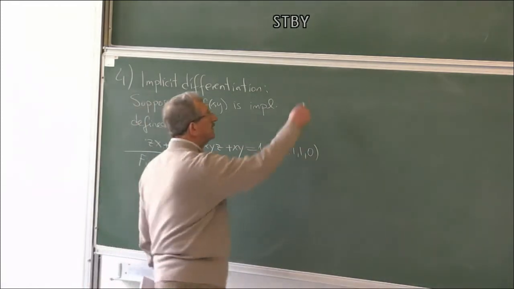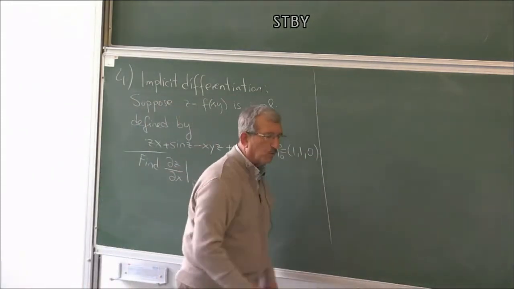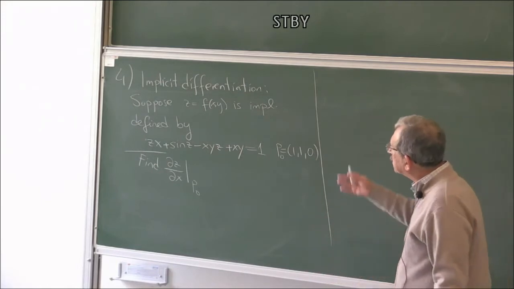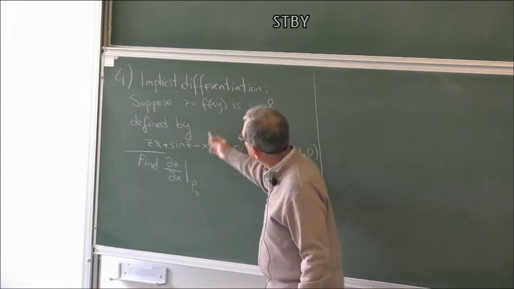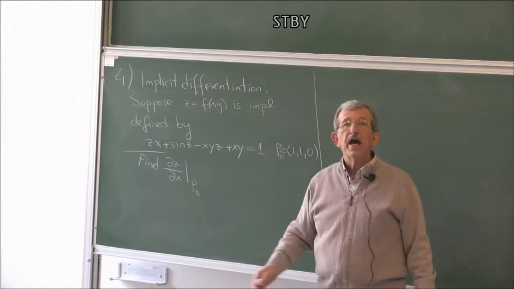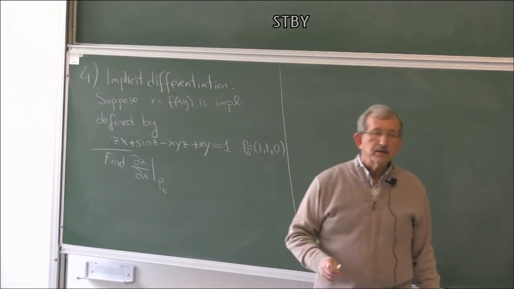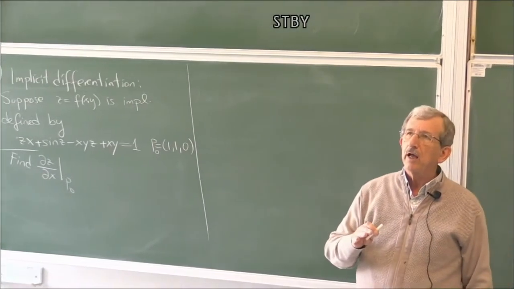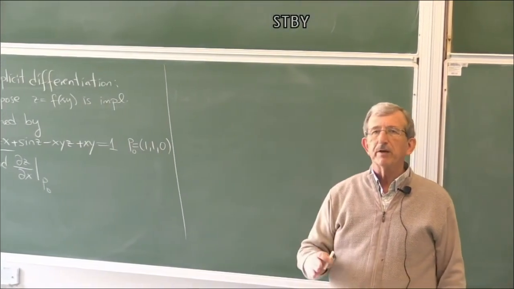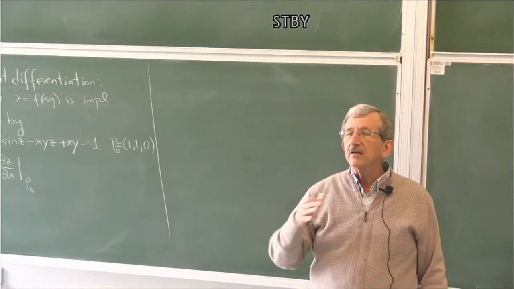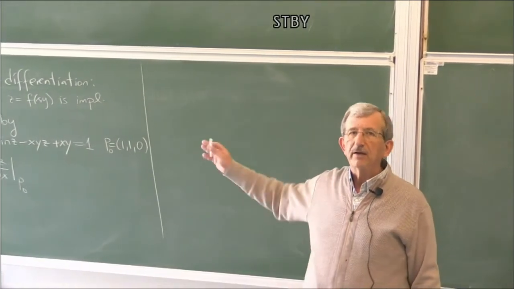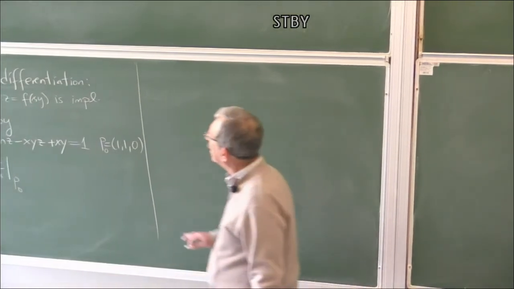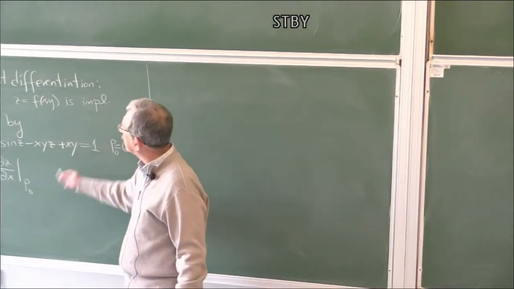Now, the principle is exactly the same as in the case of one variable. Of course, the question, is it possible to define such a z by such an equation at this point, is a little bit beyond our scope. It's called the implicit function theorem in mathematics. If certain conditions hold, we can do it. I will not go into that. I will assume, indeed, z is defined by this.